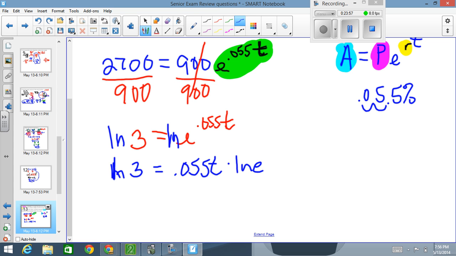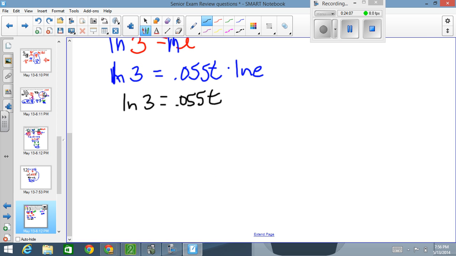Now the natural log of e is just 1. So really we just have the natural log of 3 equals 0.055t. So to finish this, I'm going to divide both sides by 0.055.